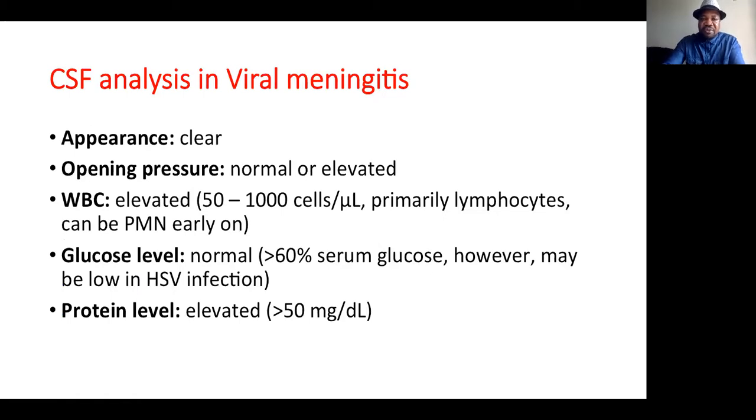Okay, so the CSF analysis in viral meningitis, as we already insisted: the appearance should be clear, and the opening pressure should be normal or slightly elevated. White blood cells will be elevated, but primarily lymphocytes, although sometimes at the beginning of the infection you can have an increased number of neutrophils. The glucose level should be normal, meaning above 60% of the serum glucose.